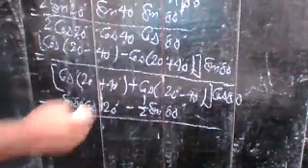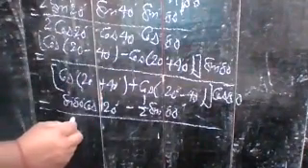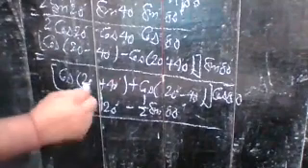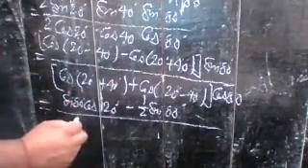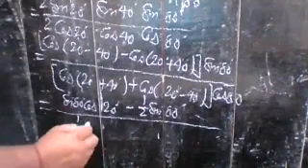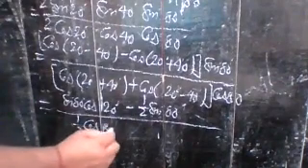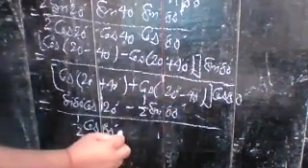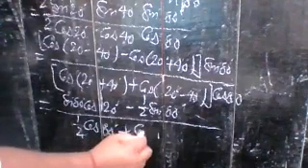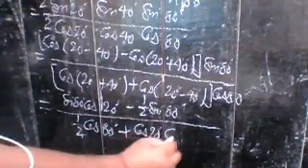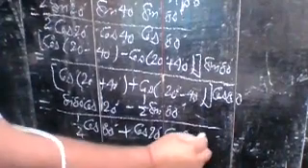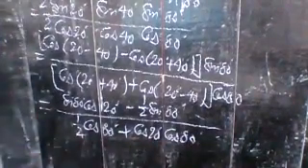And here you have cos 60 again, so you write cos 80 cos 60, and the value of cos 60 is 1 by 2. So 1 upon 2 cos 80 degree. And here you have plus cos 20 degree cos 80 degree.